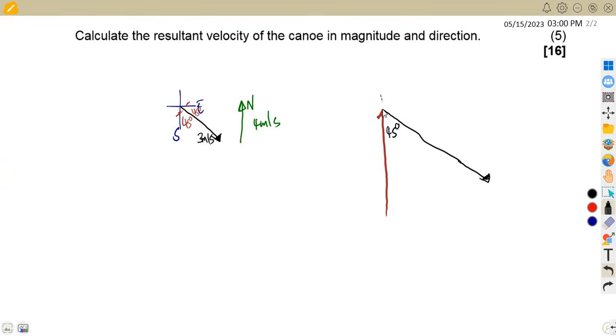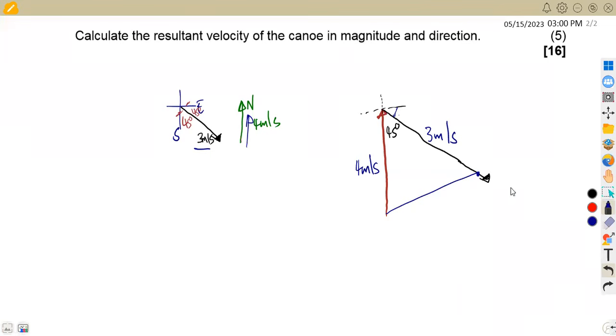So in between, we are actually having a 45 degree angle here, but what matters is the angle that we are going to have inside our triangle. So this is 4 meters per second that is going up to the north, and this is the wind that is at 3 meters per second like this.